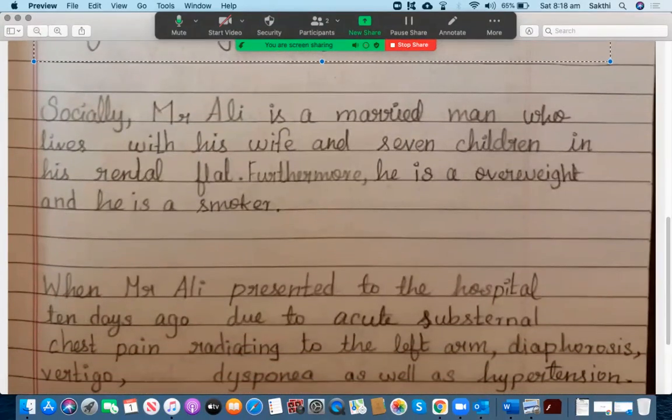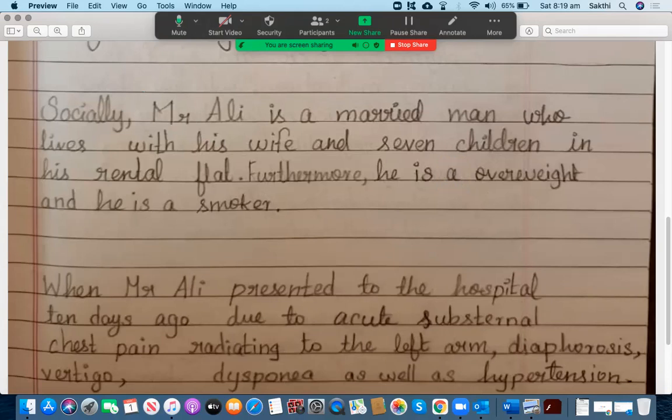Socially, Mr. Ali is a married man who lives with his wife and seven children in his rental flat. That is perfect. That doesn't have any grammatical mistake. Furthermore, he is an overweight and he is a smoker. Okay, "an overweight" is not the correct phrase here. Overweight is an adjective, so it doesn't need an article here.